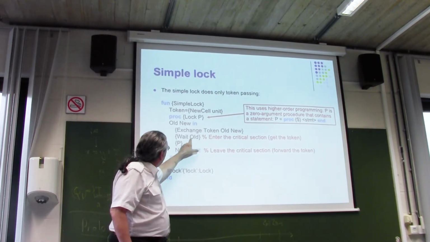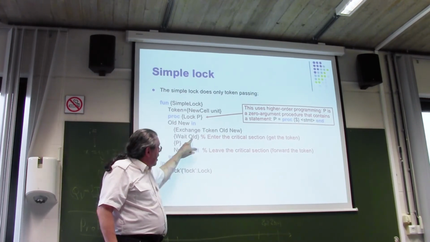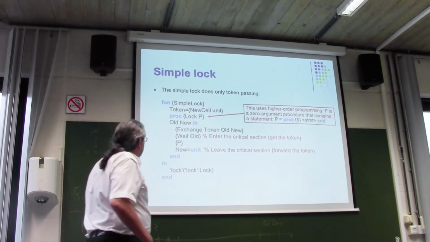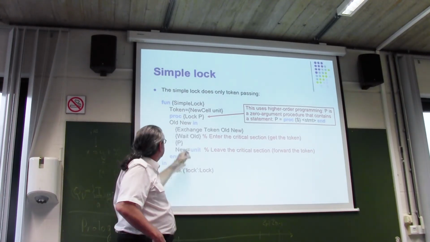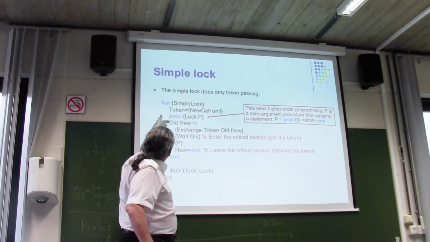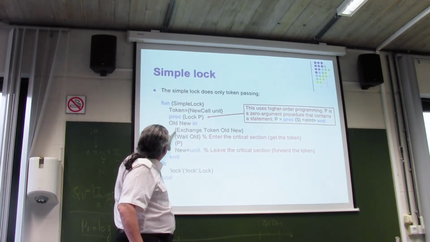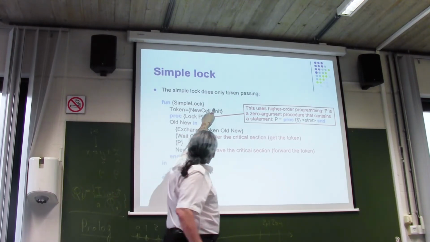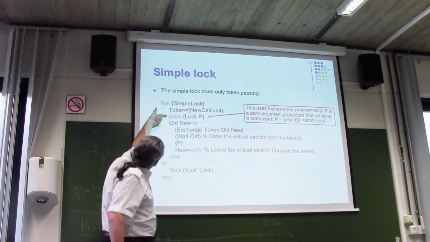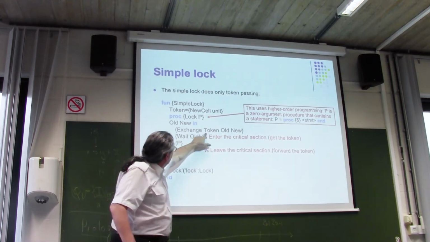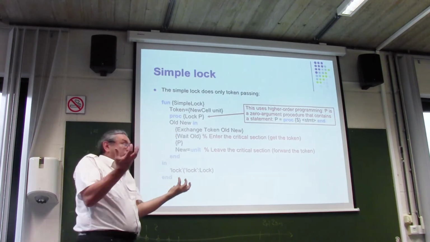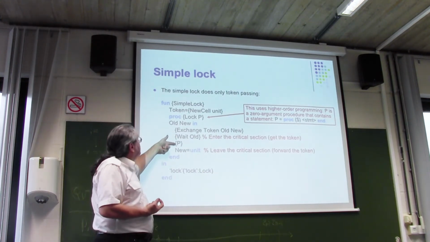This variable old will be bound if the thread has the token, and otherwise it will be unbound. If the thread tries to get in and it's the first one, then unit is a constant, it starts with lowercase. So for the first thread that tries to get in, old will be bound to unit. That means I have the token, so the first thread can get in.